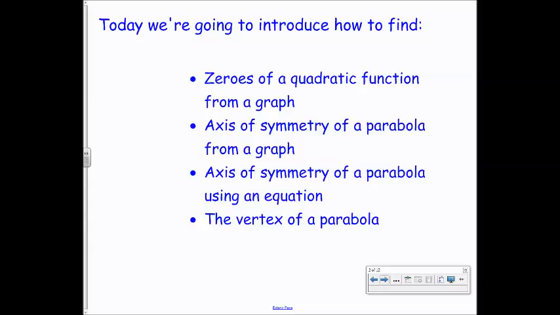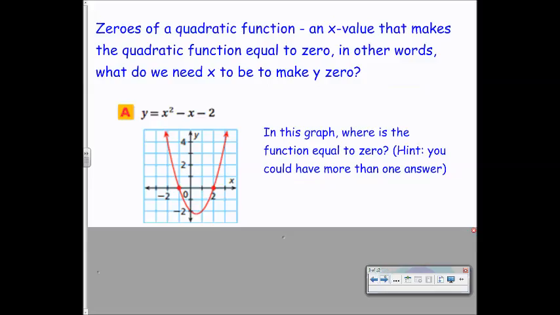All right. So the first thing we're going to talk about is the zeros of a quadratic function. What do you think the zeros are of a quadratic function? Not necessarily, because the vertex is more like, if we're using the word origin to mean where it starts, that's the vertex.